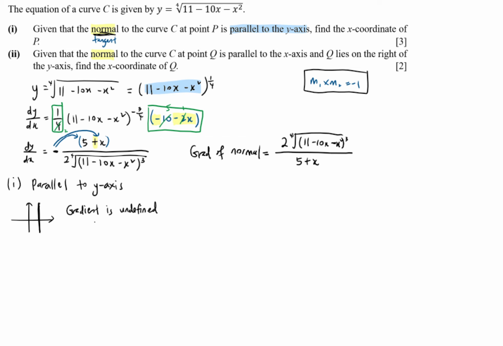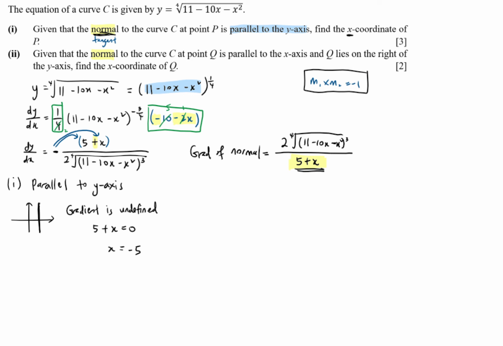For the gradient to be undefined, my 5 plus x will need to equal 0, because when the denominator is equal to 0, the gradient of the normal is undefined, which is parallel to the y-axis. Making x the subject, x will be negative 5. Since the question is asking just for the x coordinate, we are done here for part 1.